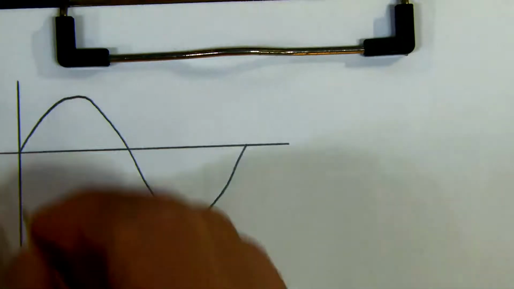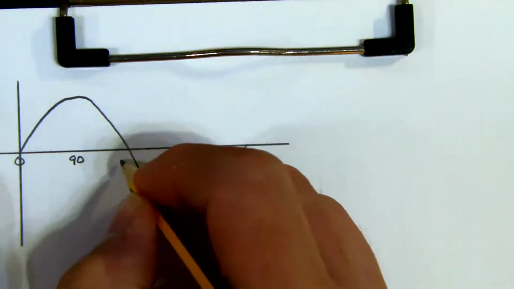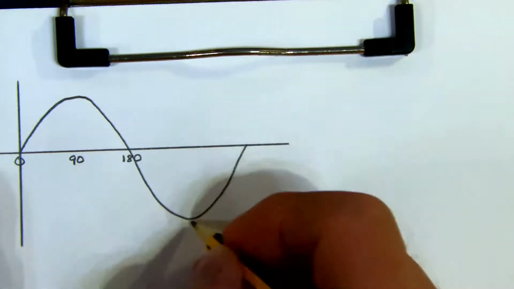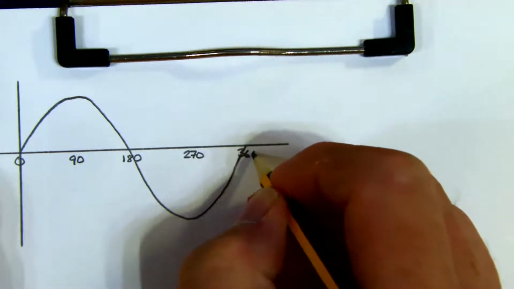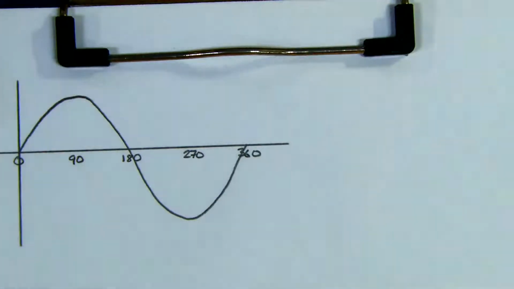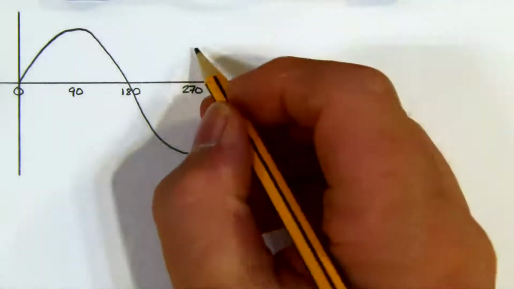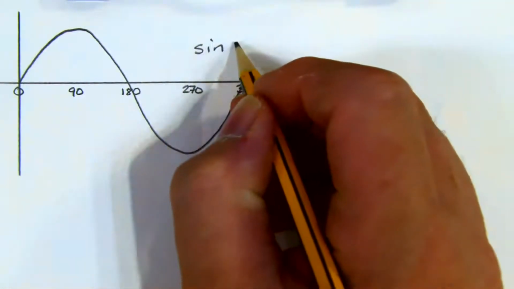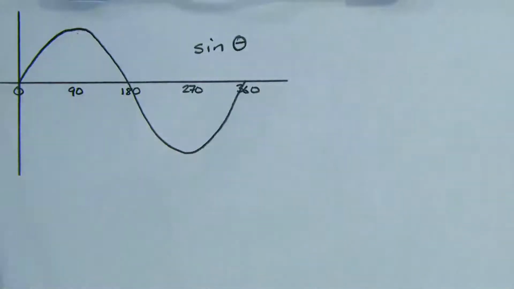Not one of my better ones. Here we've got 0, 90, 180, 270, and 360. When we're looking at differentiation, we're looking at the change of the gradient.